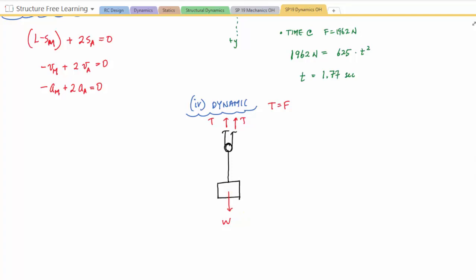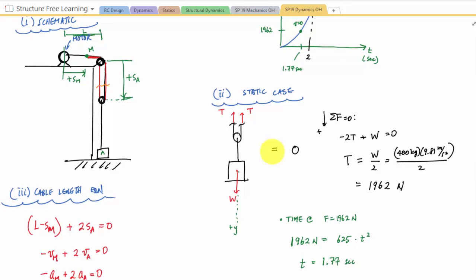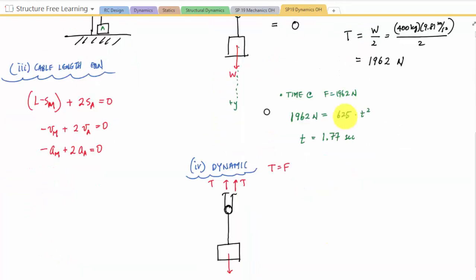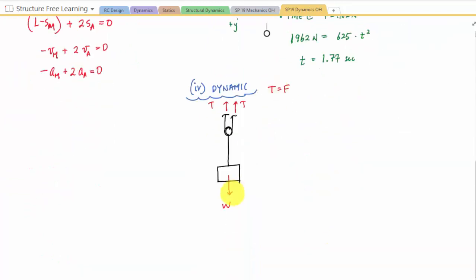And thankfully, it was important that we chose positive SA as downwards, because we want to be consistent with the direction of positive motion in our equation of motion. So here, y is positive downwards again.